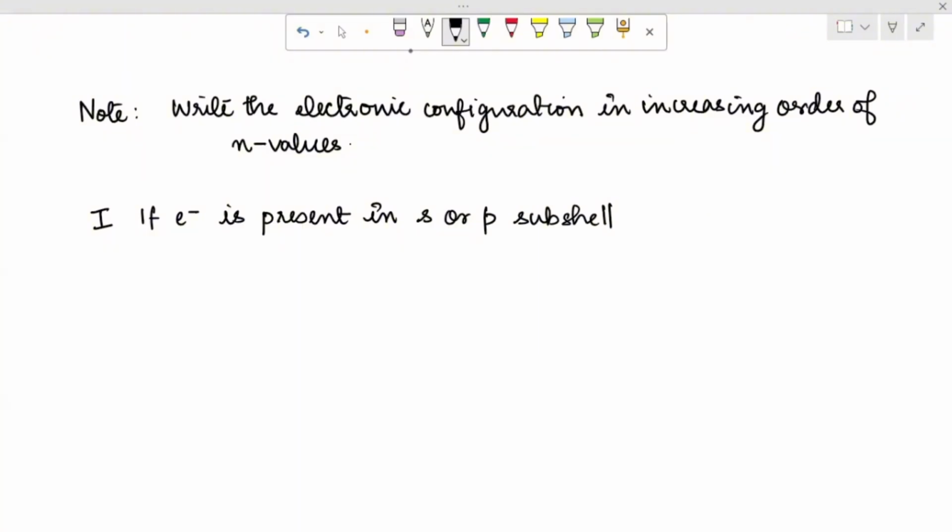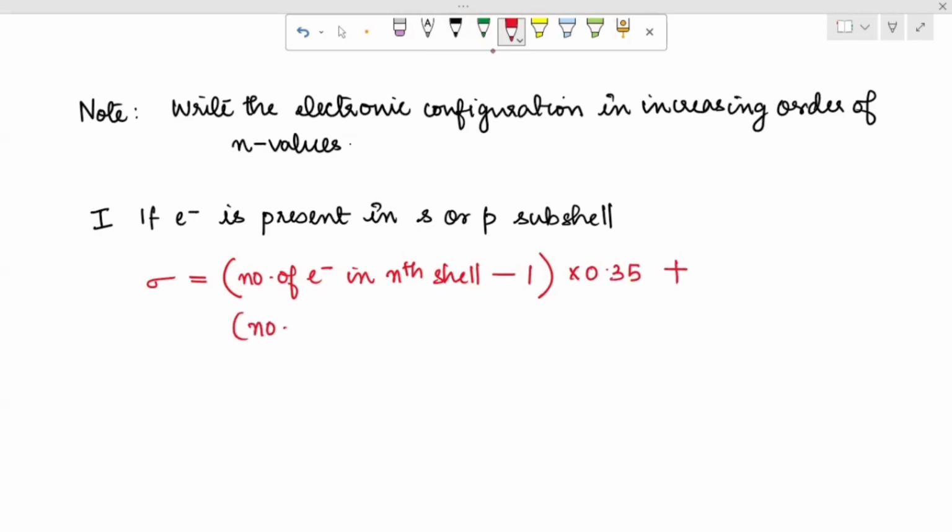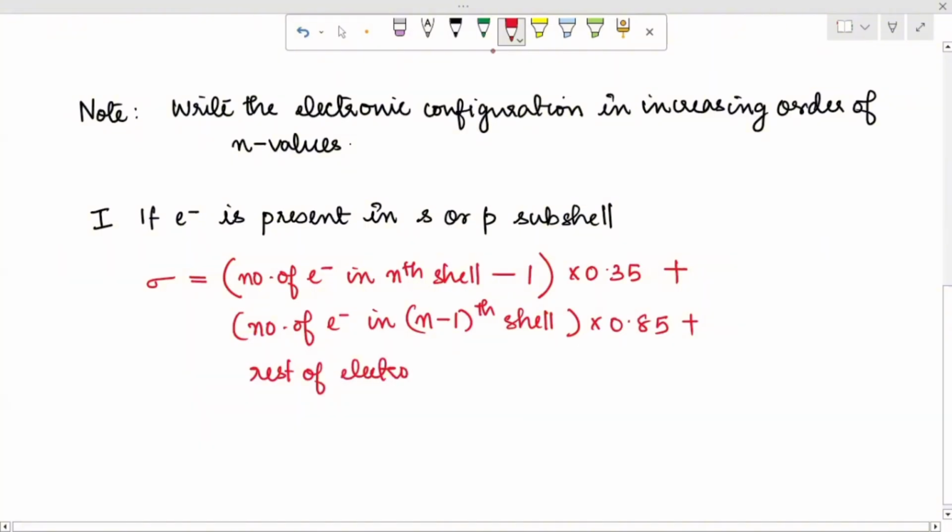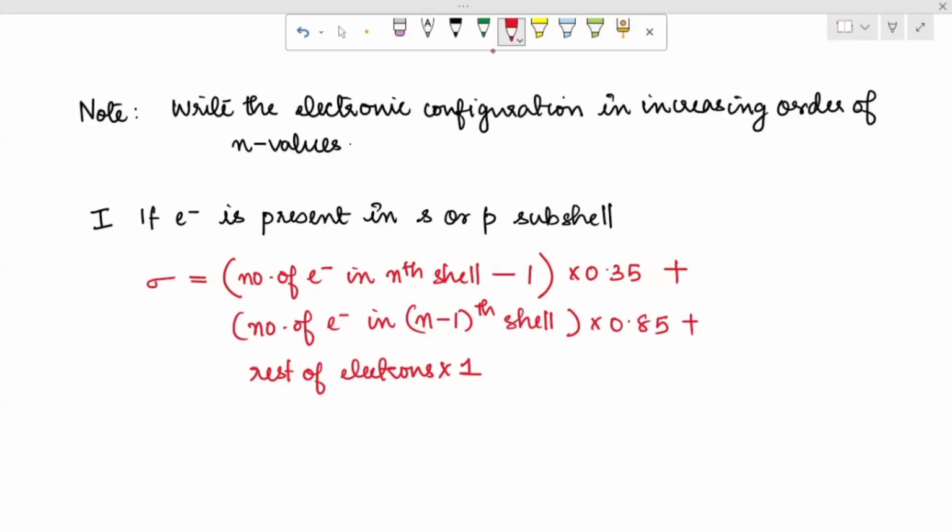You have to learn an equation wherein the screening constant is equal to (number of electrons in nth shell minus 1) into 0.35, plus number of electrons in (n minus 1)th shell into 0.85, plus rest of the electrons into 1. This is how you calculate the screening constant.